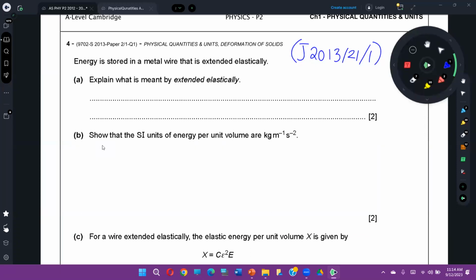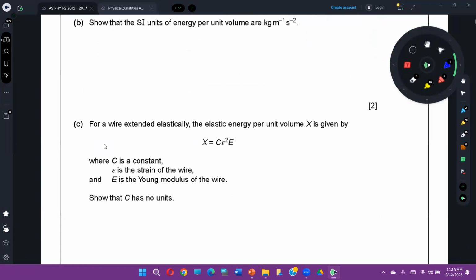I repeat, if you extend something like a rubber band, like a spring, like anything which is stretchable, you stretch it in a limit and you leave it and it goes back to the same dimension, without crossing the limit of proportionality. As it is an O-level topic, hopefully you remember the famous name Hooke's law. But right now, it's not my concern. So I cross this part.